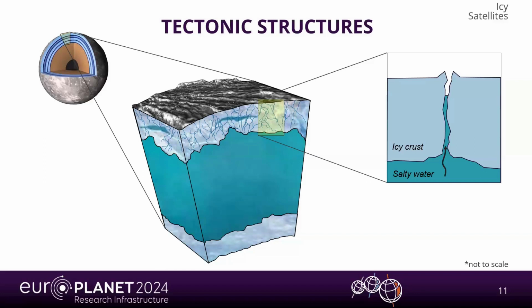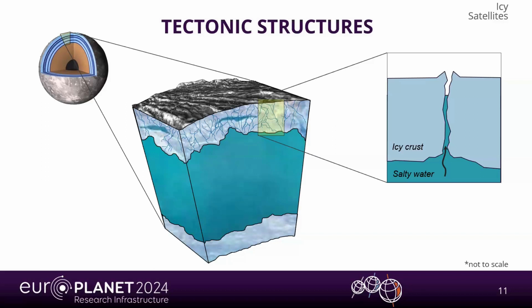So the investigation of the surface tectonic structures allows us to unravel the processes that affect icy satellites and what is concealed at depth, and also their formation and deformation processes.